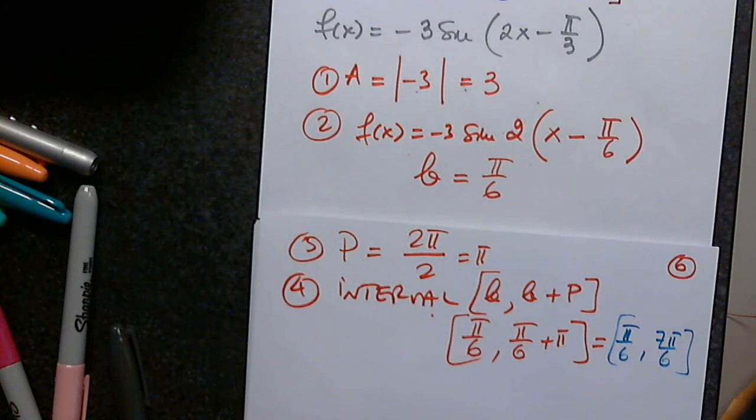With the graphing calculator, go back to y equals -3 sine 2x minus pi over 3, close the parenthesis. And now let's go to the window. The leftmost point for the window is? Pi over 6. Good.